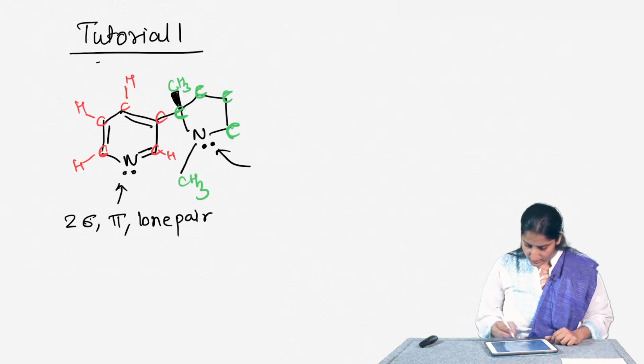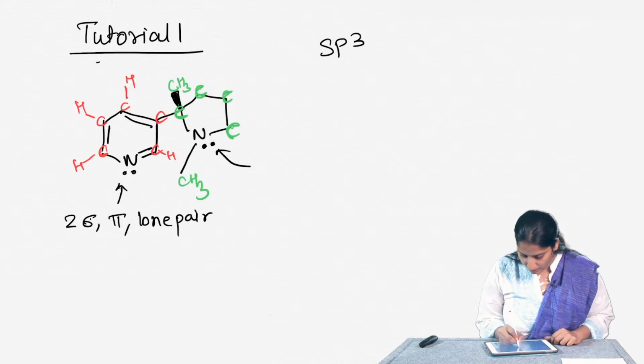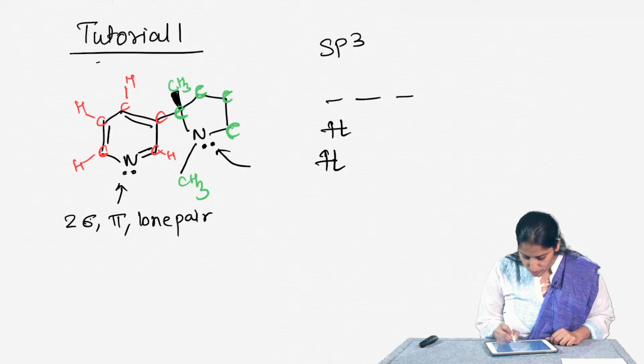So, let us look at the sp3 hybridized nitrogen. Its ground state electronic configuration is 1s2, 2s2, 2p3.